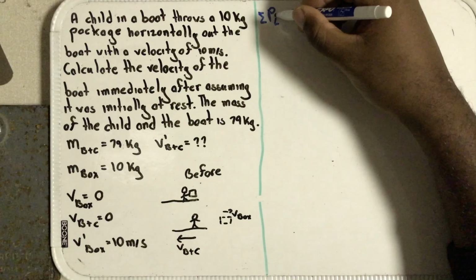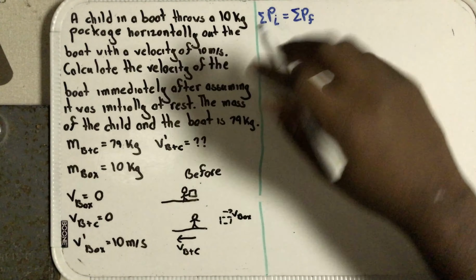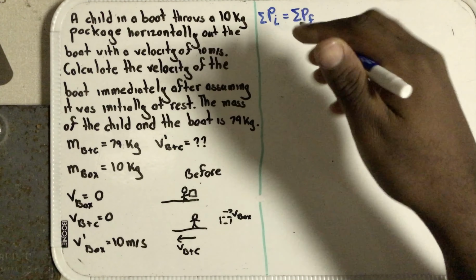Initial, final. Initially, at the beginning of the problem, you look at how many objects you are dealing with. This can be extended to 2 objects, 3 objects, and an infinite amount of objects. You could extend this to a system of particles, which is what they actually do when they're dealing with really, really large systems. But that's beyond the scope of this problem.